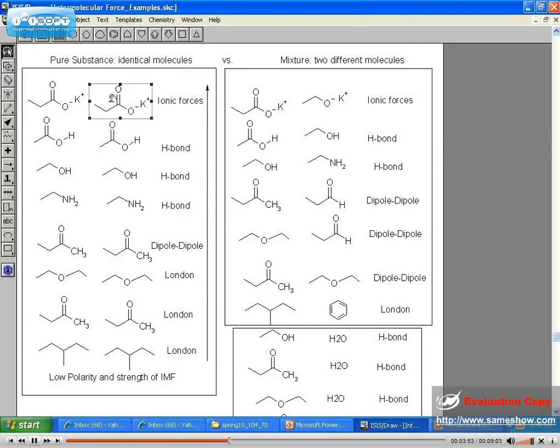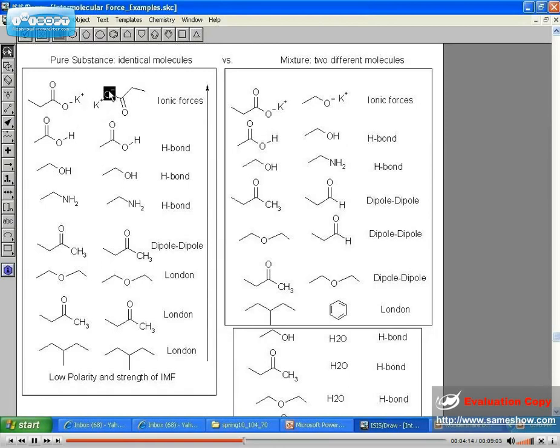And this is where ionic forces occur. Keep in mind it's opposite charge attraction. Ionic force has the strongest opposite charge attraction, and that's due to the positive and the negative being attracted to each other.